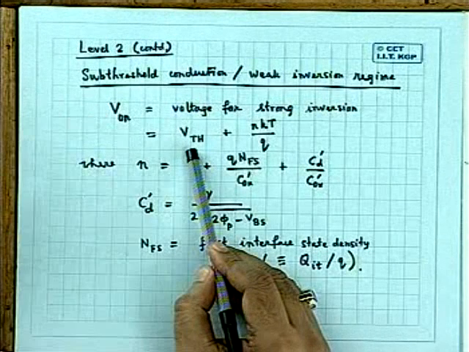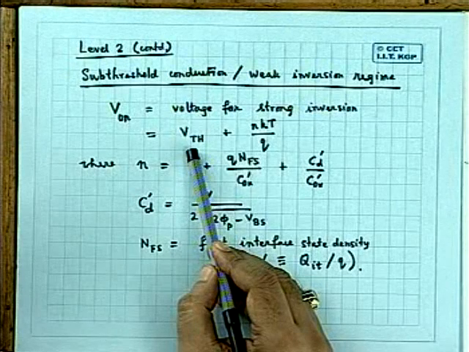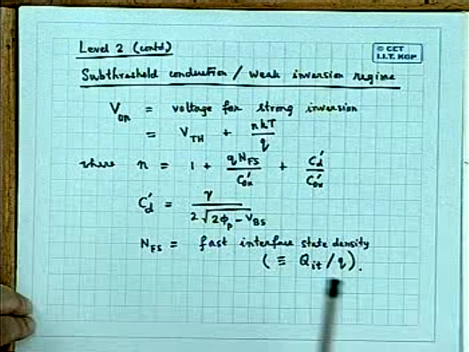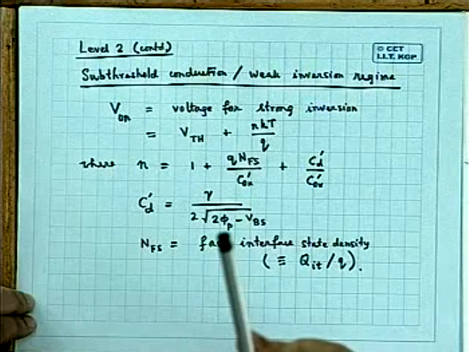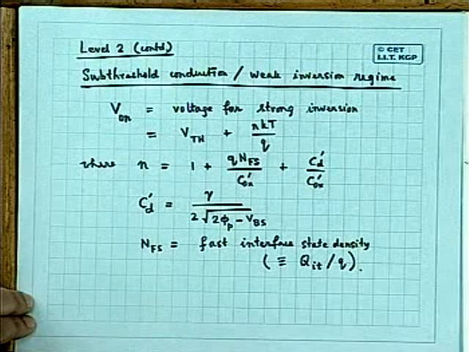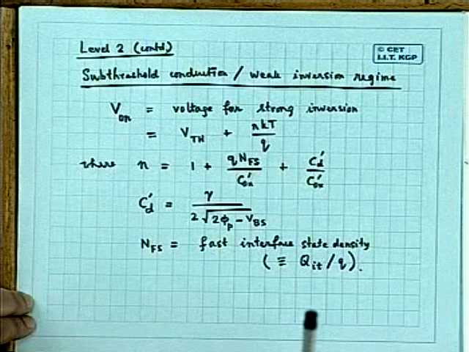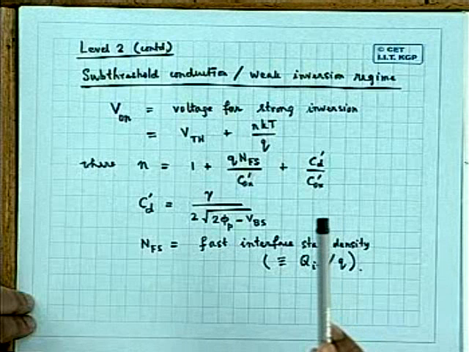Then it's just inversion. But what happens, just like our diode conduction, semiconductor p-n junction, up to V gamma the current is so small. Thereafter it starts actually switching on. Here also, you remember the plot of Qs versus psi s, which was derived in the class. There you have certain regions where Qs was changing slowly.